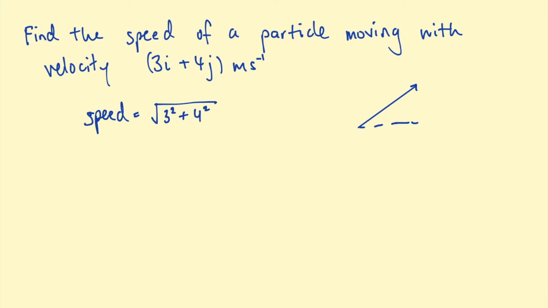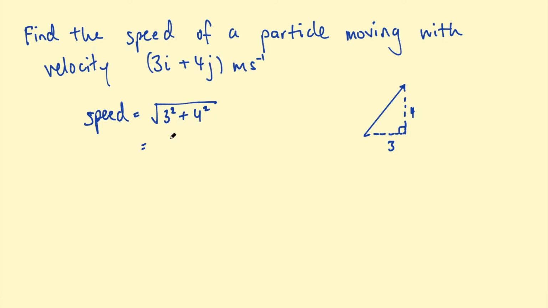Well, actually, let's do it a little bit more accurately. It's going to look something like this. And we're going across 3 units in the x direction and up 4 units in the y direction. And what we're finding with this magnitude is the hypotenuse of this right triangle with legs of 3 and 4.